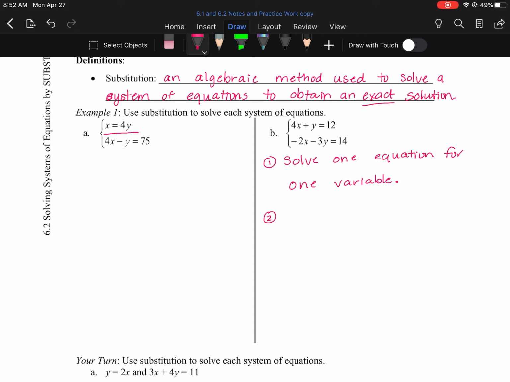The second step is to substitute the first equation into the second equation.